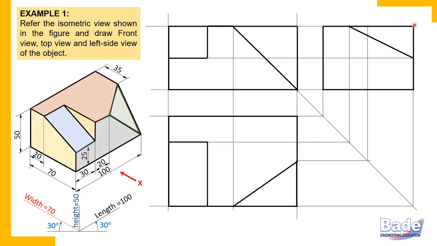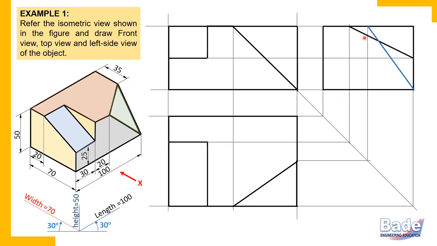So this end to be joined with this corner, and this end to be joined with this corner. But there is already a line here. We have already joined this. Now join this part. So this triangular surface we have completed in the side view.